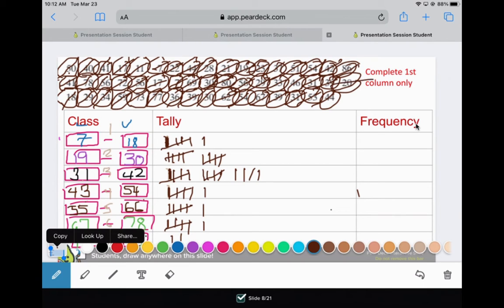Whew, done. Okay. Question on the tally on the second column.